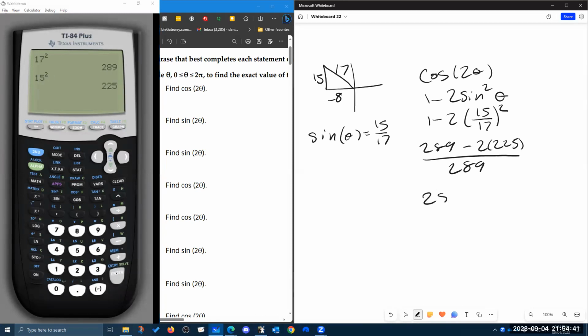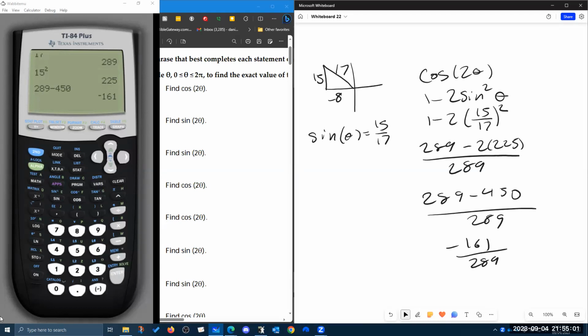It's going to be 289 minus 450. It's negative 161 over 289.